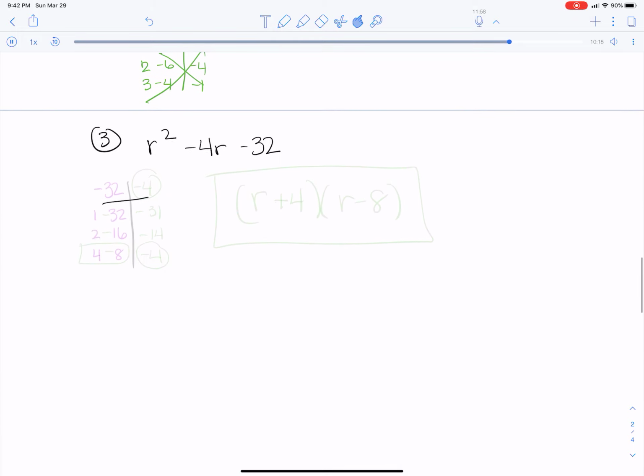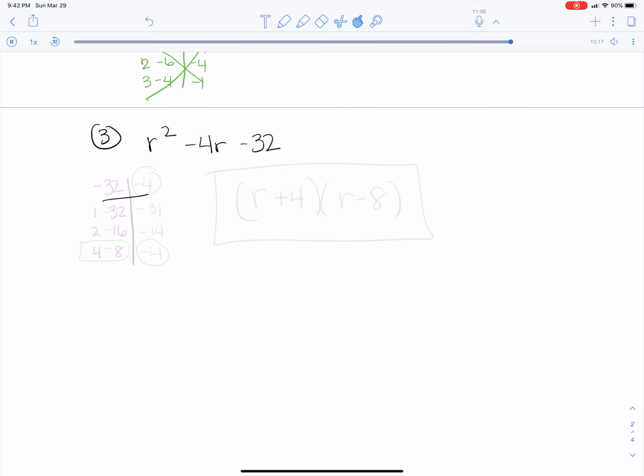All right, so example 3, we have r squared minus 4r minus 32. Now, the biggest thing to remember with these is you have to watch your signs, because your signs are going to be different each time we're factoring these. All right, so my c term on the left is going to be negative 32, and they're going to add to a negative 4 on the right.